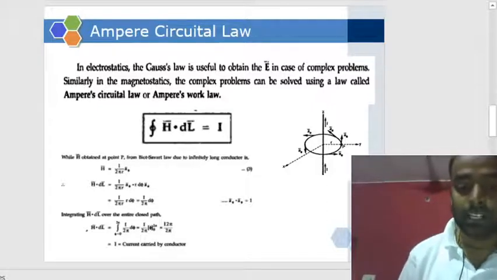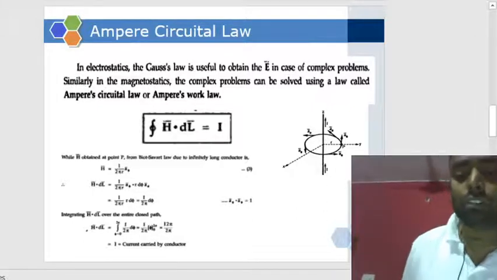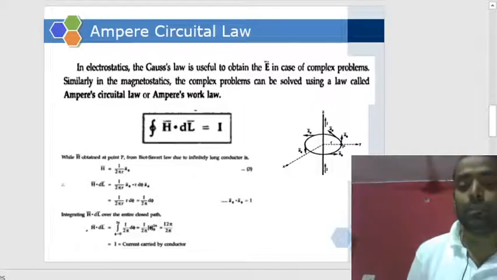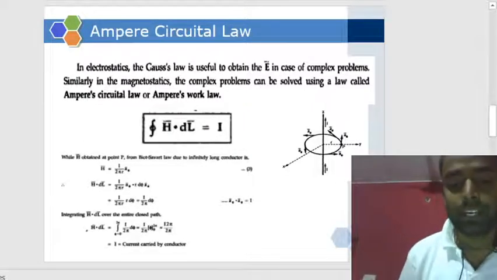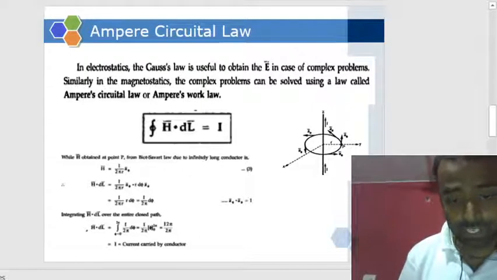That's why dl here is r d phi in the direction of a phi. a phi dot a phi will be 1, remaining all will be 0. So we'll get I upon 2 pi d phi.